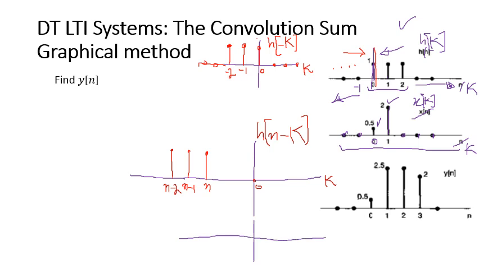So this is the input signal. At 0 it has a value of 0.5. At 1 it has a value of 2. So this is 1, the value of the signal is 2, and this is your k axis.